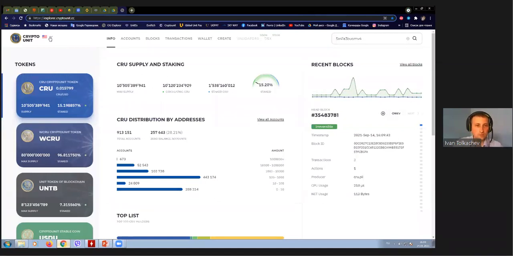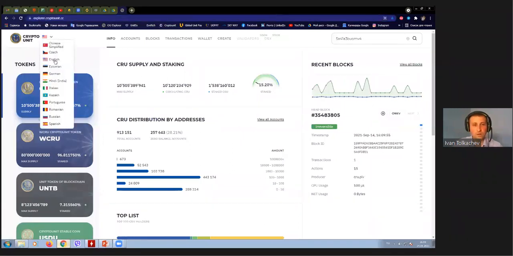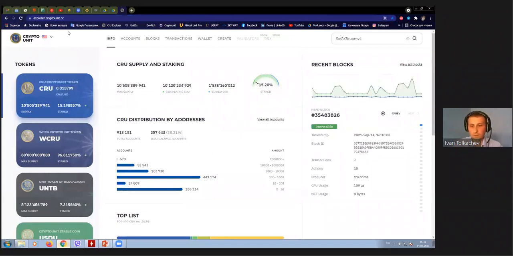The first thing in the interface at the top left, next to Cryptounit, is the drop-down menu, and for the time being, 12 languages are available. You choose the most convenient one. I will stick to English, as I think this is the most universal language and quite known to our audience.